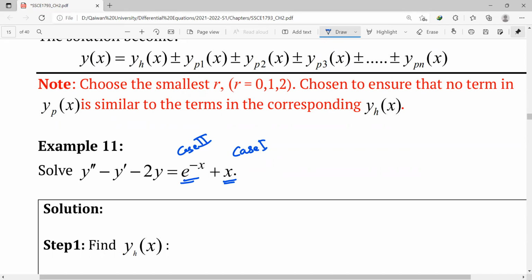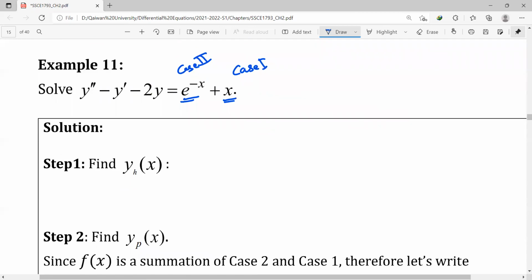For the homogeneous solution, we take the homogeneous part. That means we put 0 for the right-hand side and solve it by finding the characteristic equation. So y double prime minus y prime minus 2y equals 0. We put 0 for f of x.